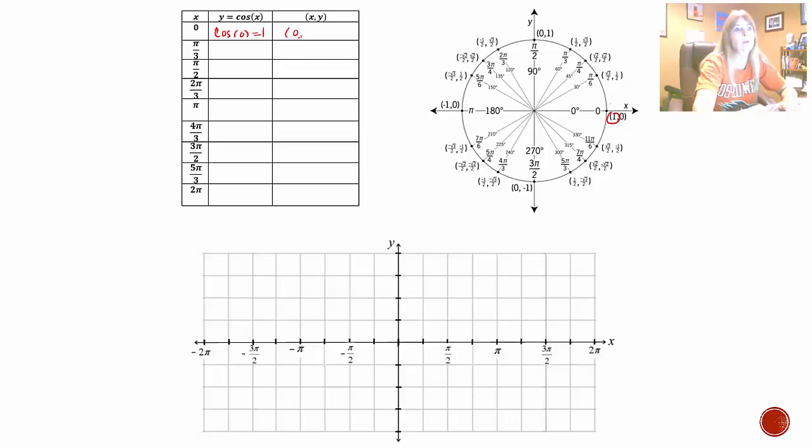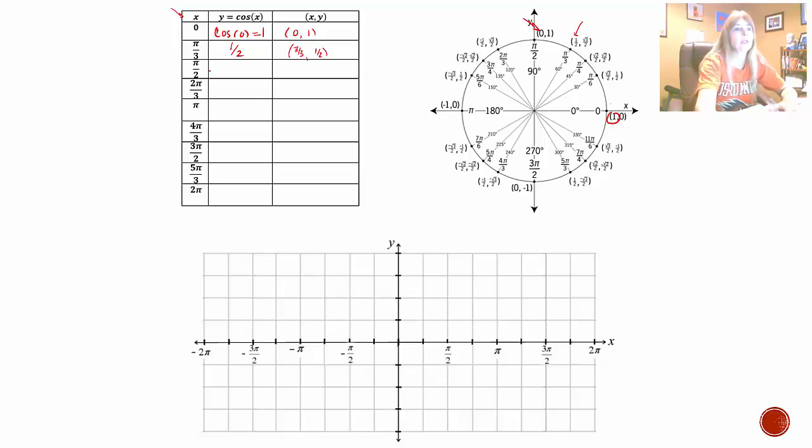So my first point would be 0, 1. Again, I just picked some x values to be able to draw this out on a graph. Pi over 3, I can go a little faster, I can see is 1/2, right? So pi over 3, 1/2.